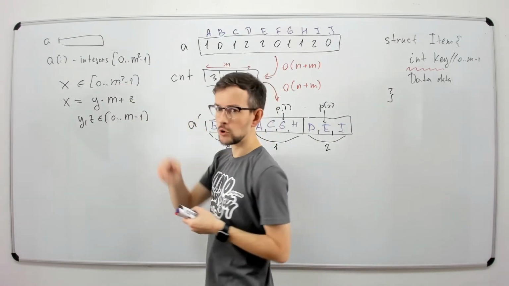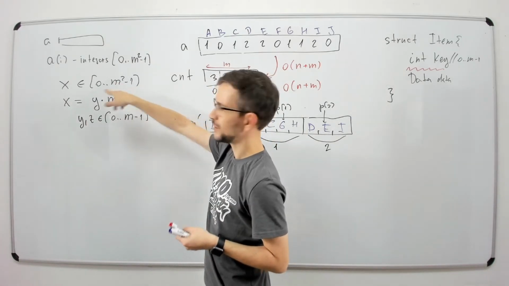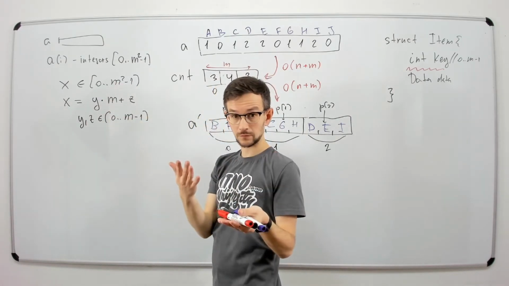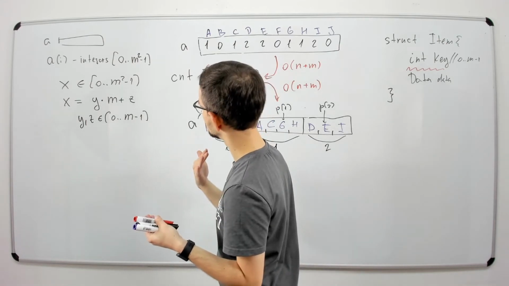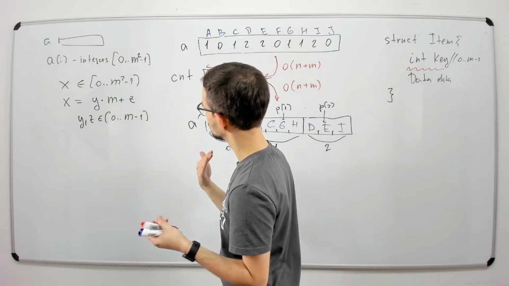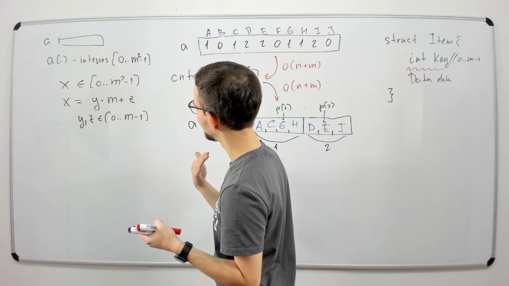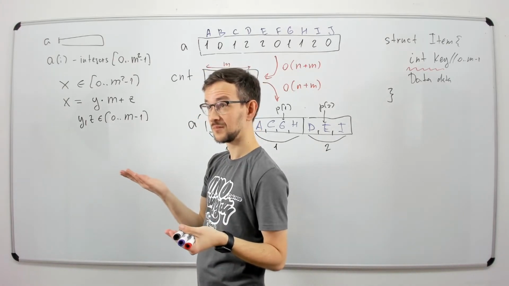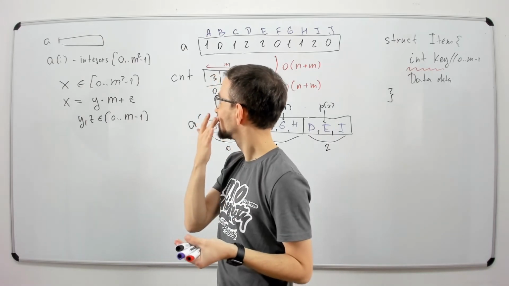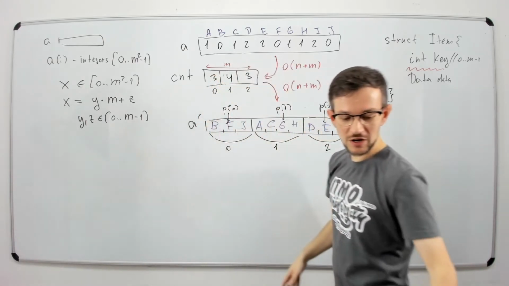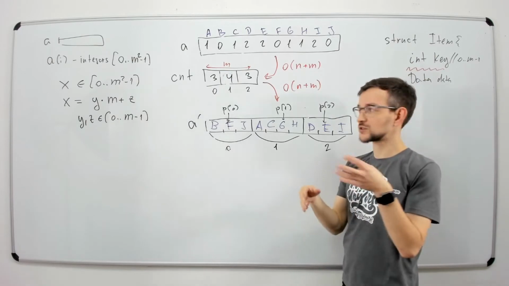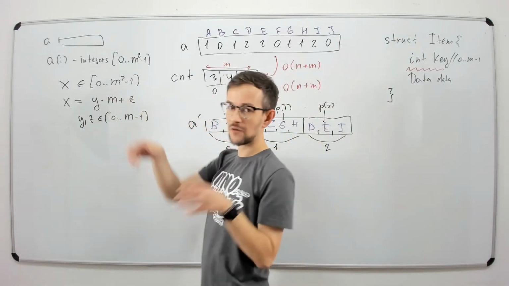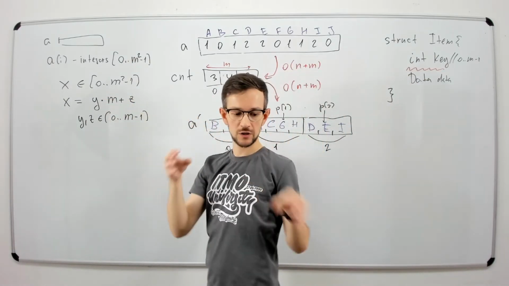That's like using arithmetic of base m, where you have a two-digit integer.